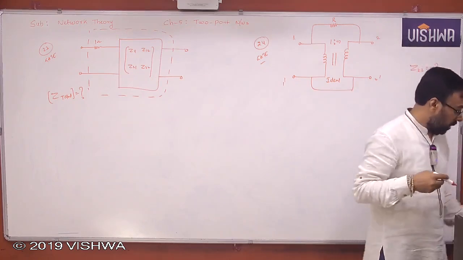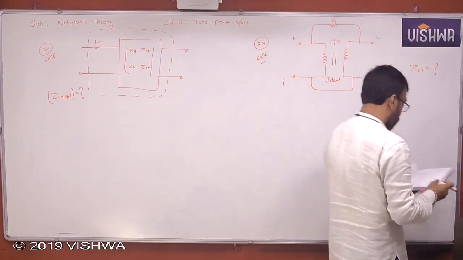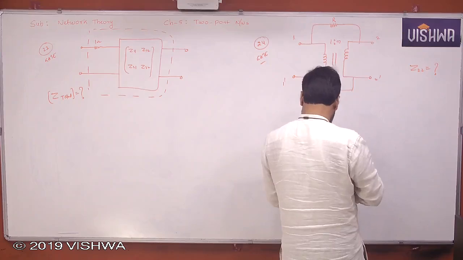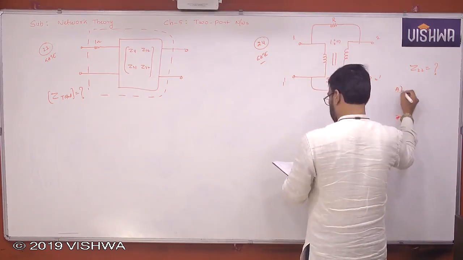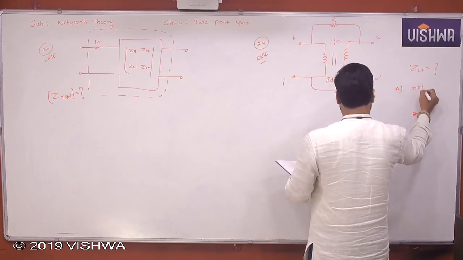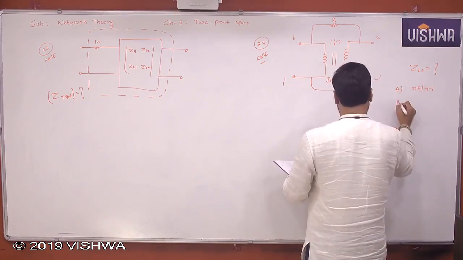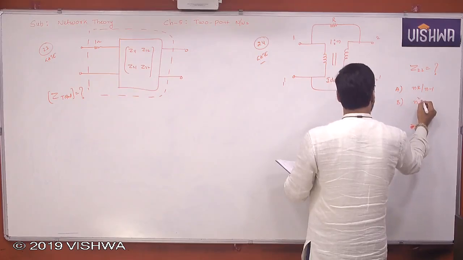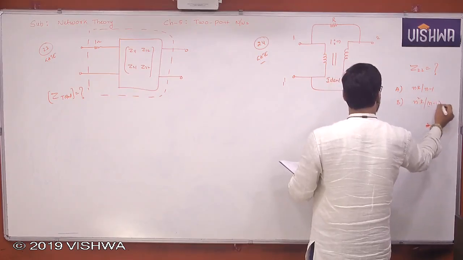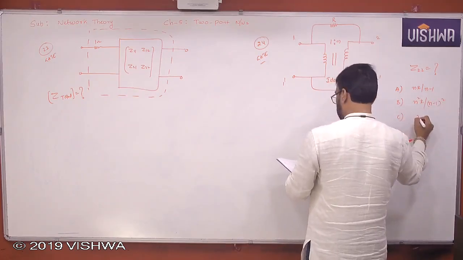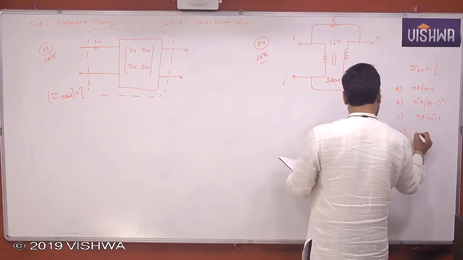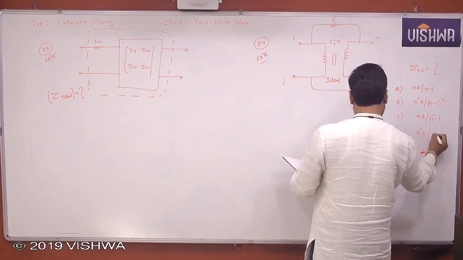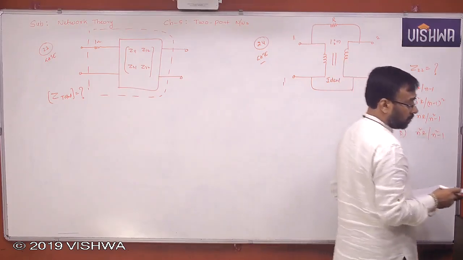So 4 options were given actually here. Option A was nr by n minus 1, B n square r by n minus 1 whole square, C nr by n square minus 1, D n square r by n square minus 1.